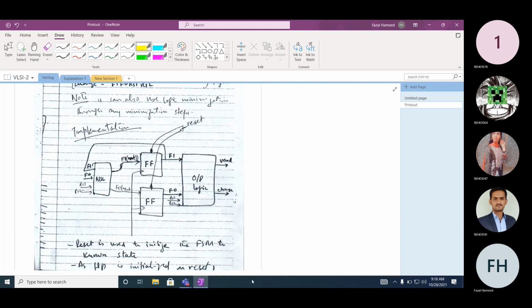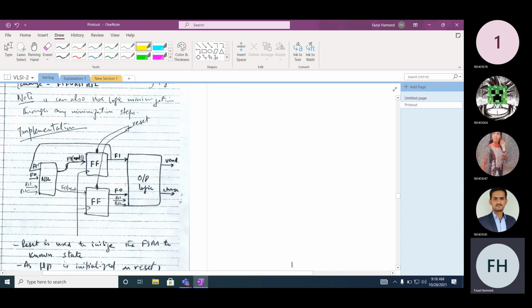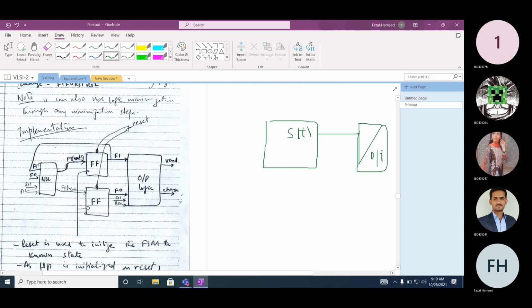If you look at this block diagram at a block level, I told you that now we have some state memory, ST. This ST will go to some output logic, and before this output logic there will be next state logic.